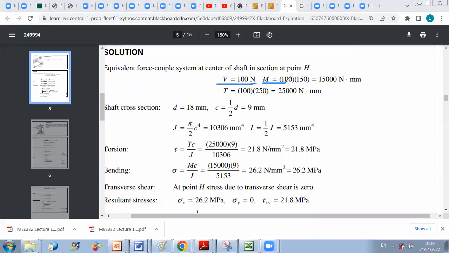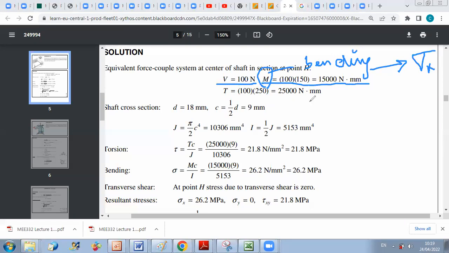We have a bending moment of 100 times 150 equal to 15,000 Newton millimeter. We have a torque of 100 times 250 Newton millimeter. This will cause, as we mentioned, a bending effect. Bending will result in normal stress sigma. So this will create sigma along X.